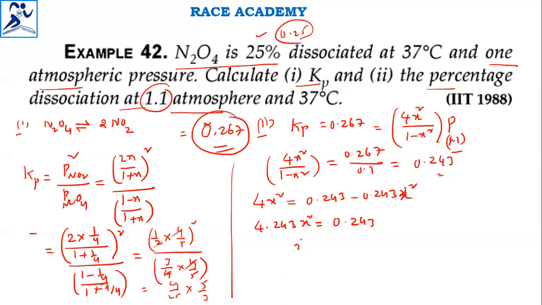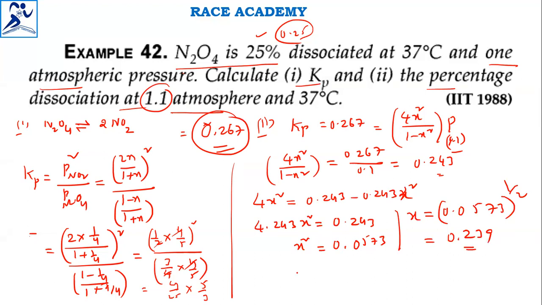Then x square will become equal to 0.243 by 4.243. The answer we got is 0.0573. And for this one, you have to find the root, that is x value. The x value is root of 0.0573. That root value we will get 0.239.